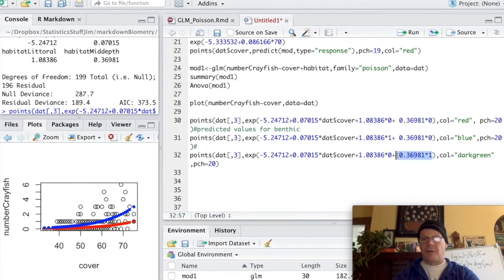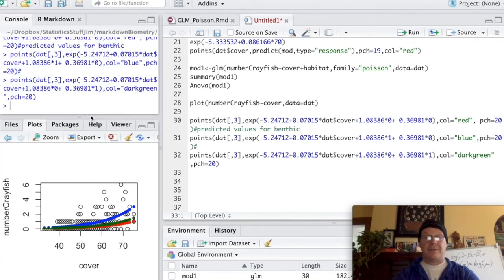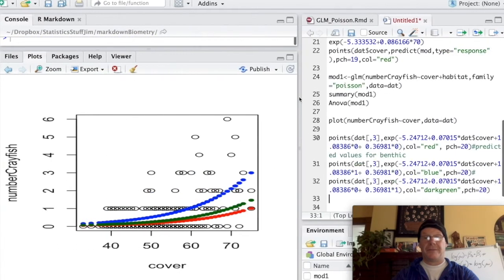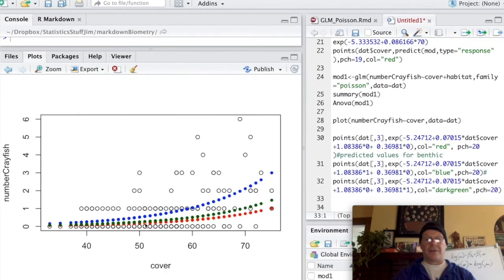And then we're going to add to it the parameter for mid-depth. Go ahead and we do that. So now let me make that a little bit bigger so we can see it better. Okay, and so the red here is benthic, the green here is mid-depth, and the blue there is littoral habitats. Those are our 3 different expected values for each of those.